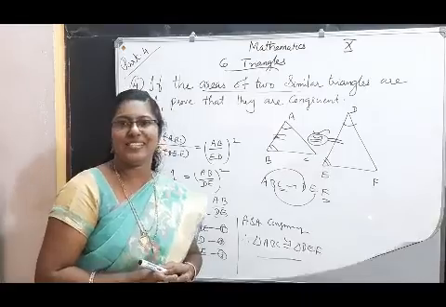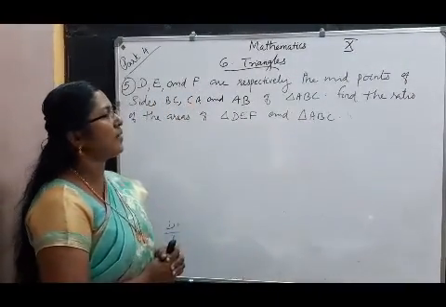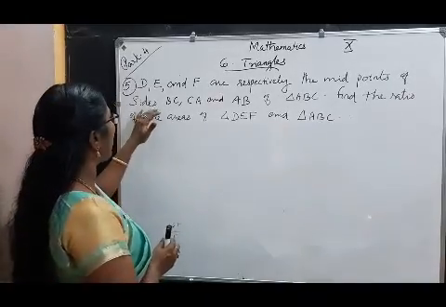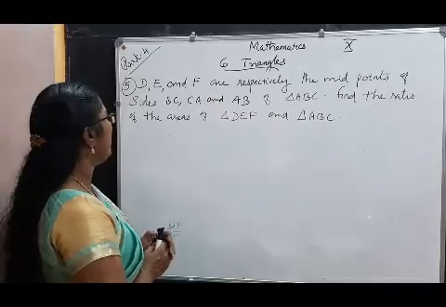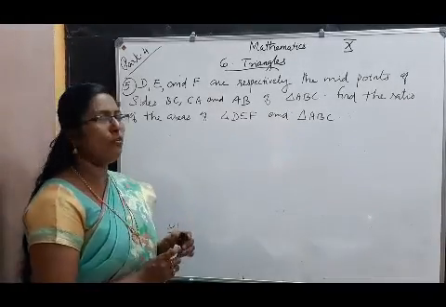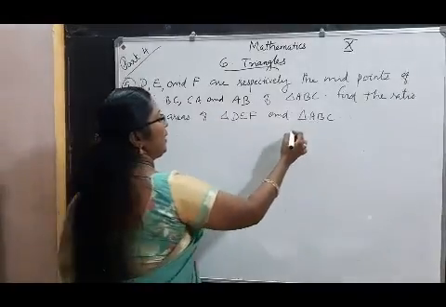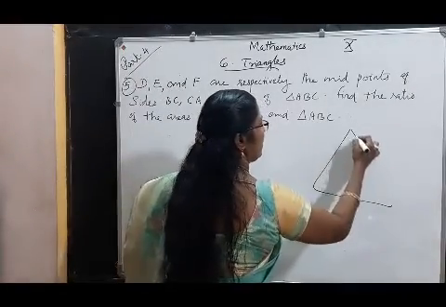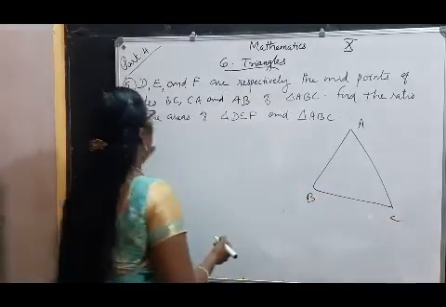Okay, next question. Here the question. D, E and F are respectively the midpoints of sides BC, CA and AB of triangle ABC. Find the ratio of the areas of DEF and ABC. Here the triangle ABC, what is given?